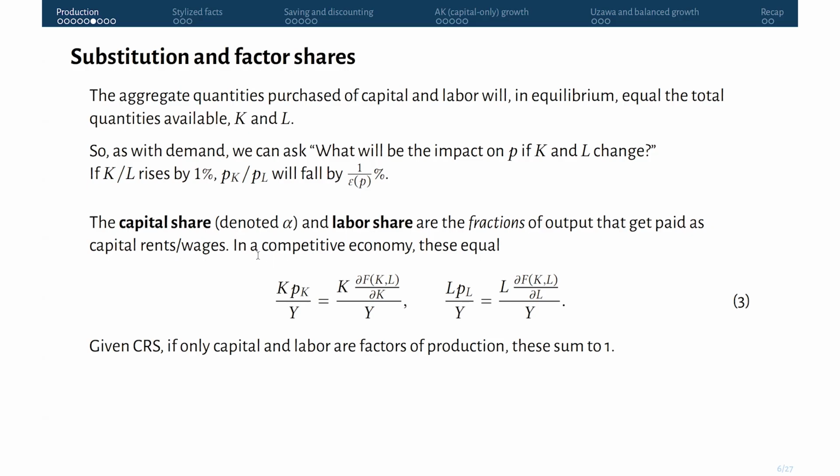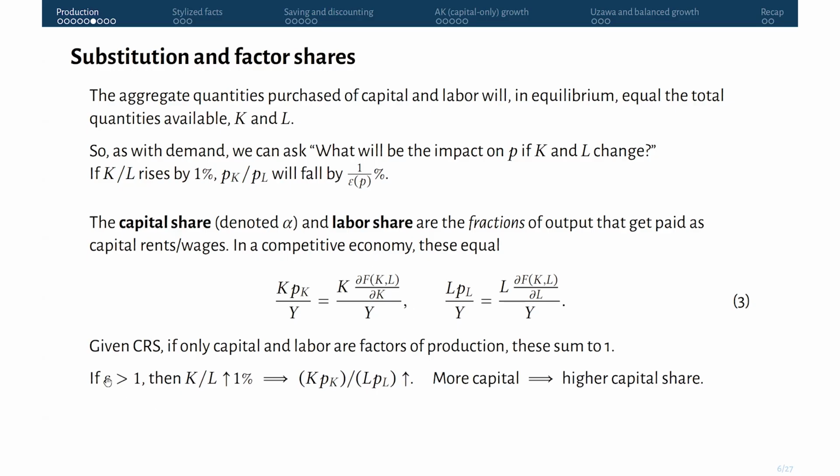As we've seen, in a competitive economy, the capital share will be the total amount paid for the use of capital, which is the quantity times the price, which will be the quantity times the marginal product. That's the total bill. And then you divide that by output to get the capital share. You do the same thing for labor. And of course, given constant returns to scale, and given that these are the only factors, these are going to sum to 1.